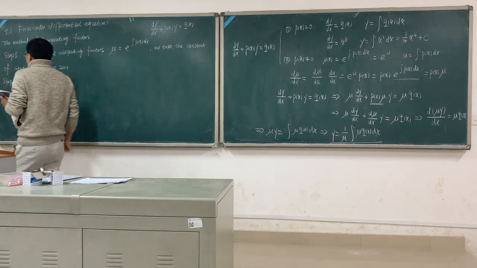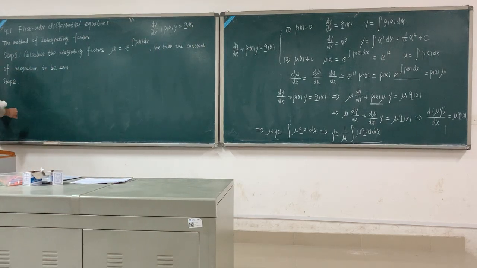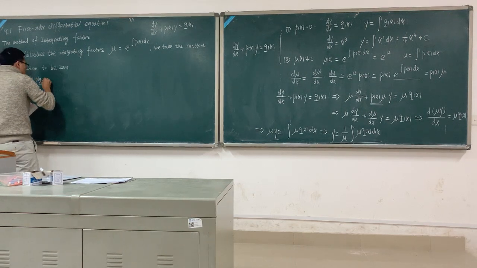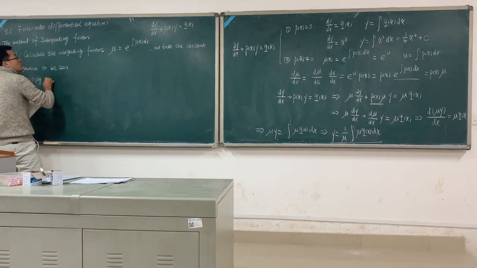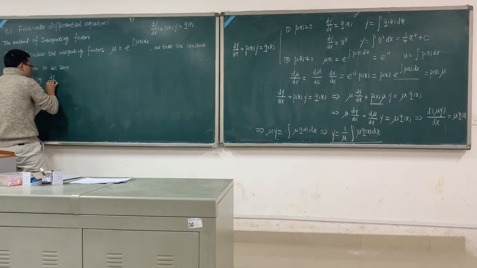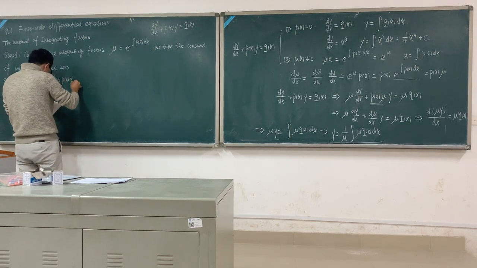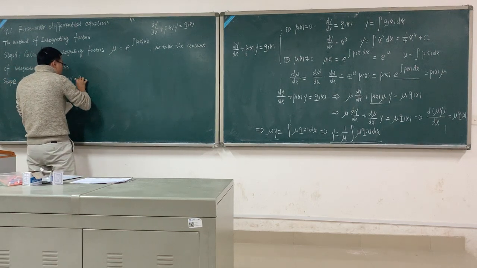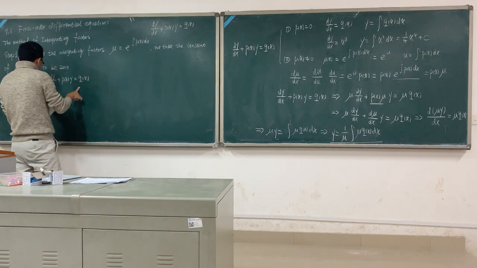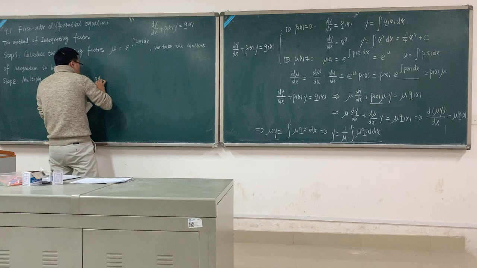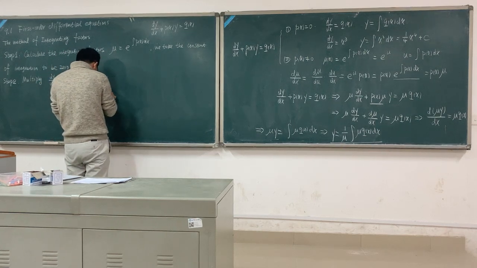Here the second step is to multiply the equation dy/dx plus p(x)y equal to q(x) by mu on both sides.